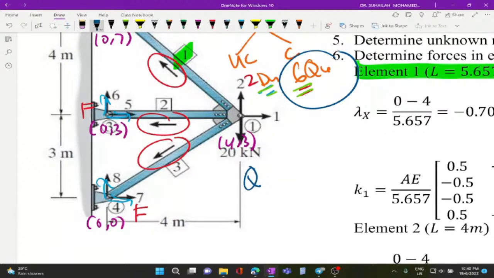The same goes for D. What is D1? D1 is the unknown displacement at position 1 in the X direction, the X component. What is the meaning of D2? D2 is the displacement at position 1 in the Y direction. That is D1 and D2.